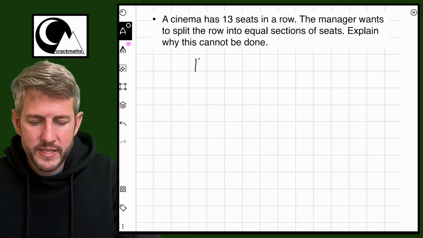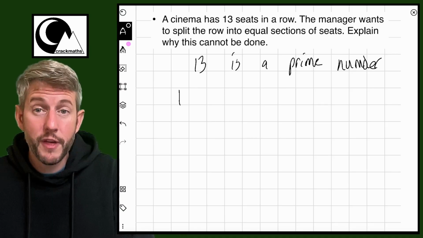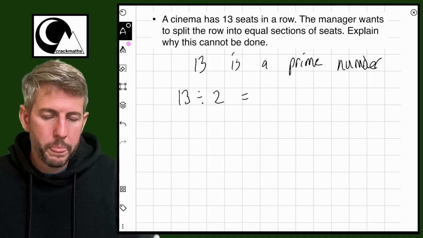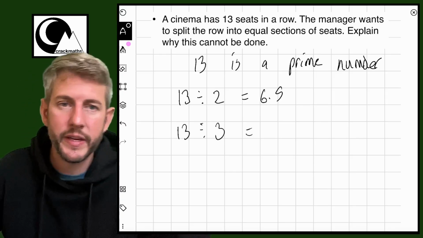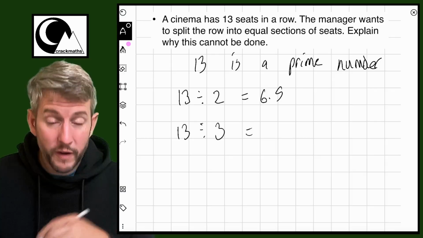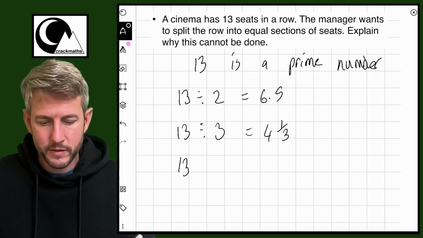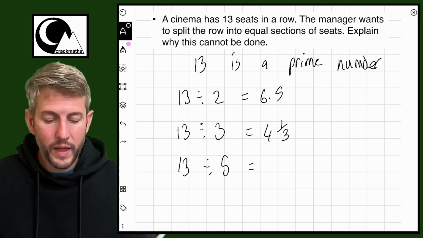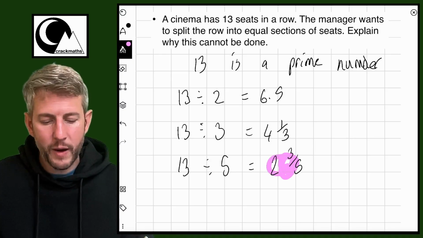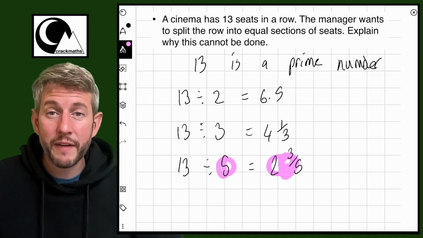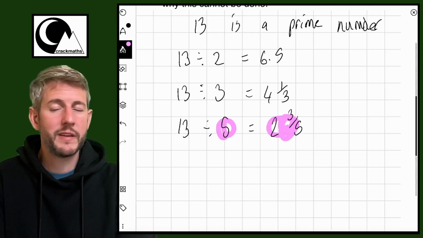Again, this is 13 as a prime number, and we can prove it by using our dividing techniques. 13 divided by 2 is 6.5. 13 divided by 3 is going to be 4, with 1/3 left over. 13 divided by 5 goes in twice with 3/5 left over. Because this number is now smaller than this number, we have shown all the possibilities of how to potentially make 13 from numbers, and that's that.